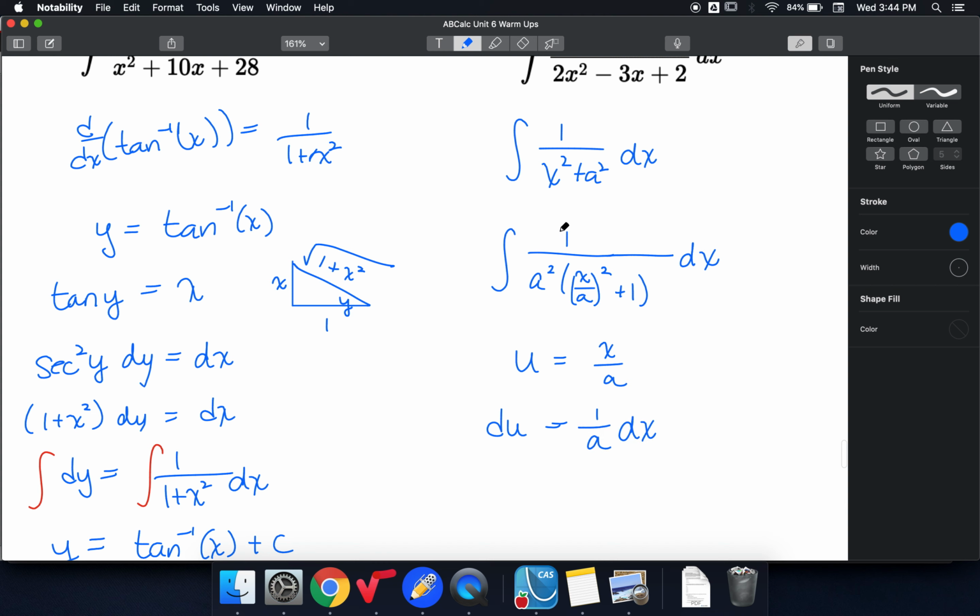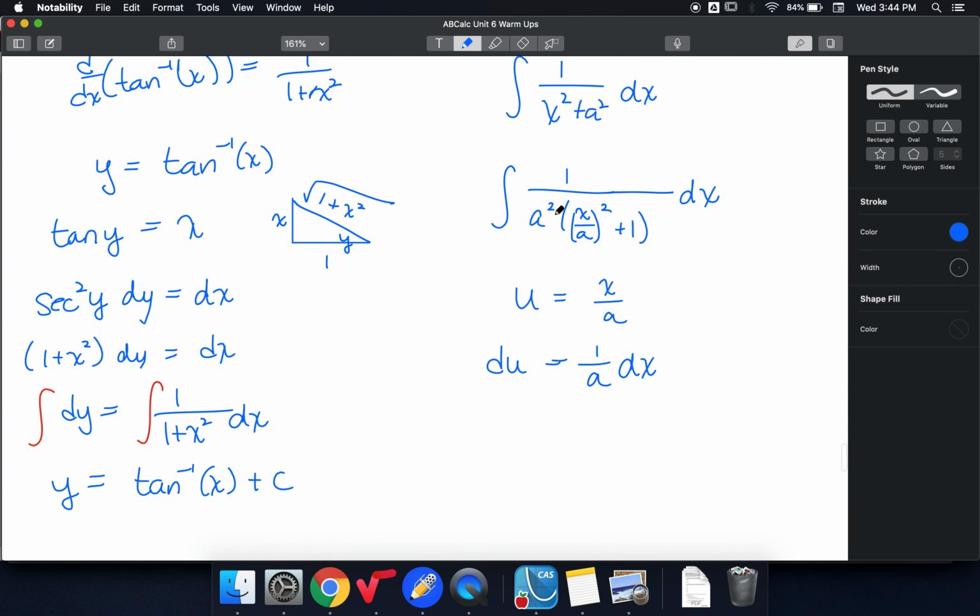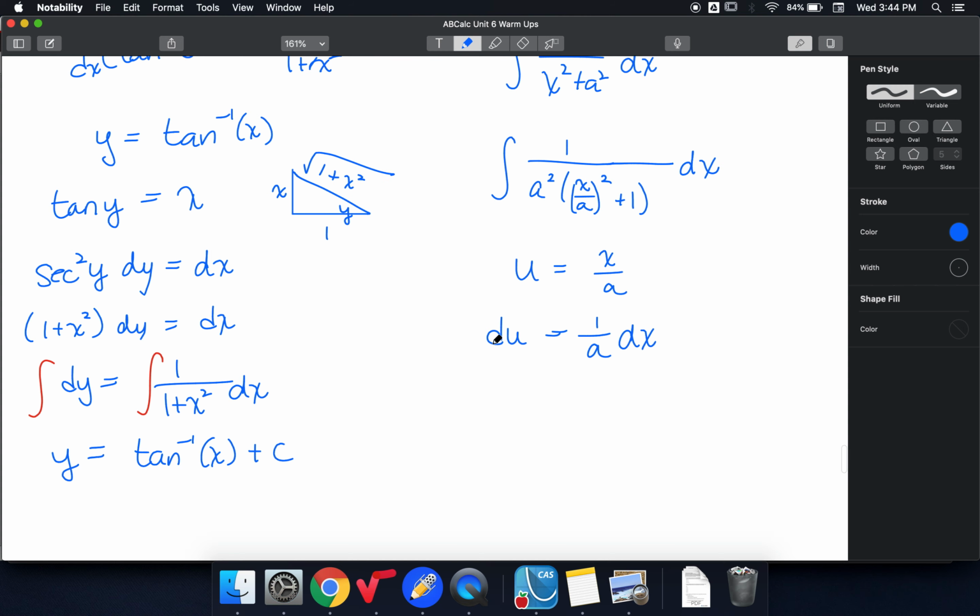Well, notice I have 1 over a squared. So I can replace 1 over a dx with my du, but I'll still have 1 over a left over. So a squared is going to separate; I'm going to take one of them to be my du. So I'm going to have a 1 over a left over times 1 over u squared plus 1 du.